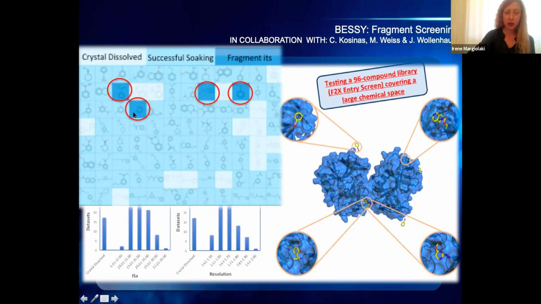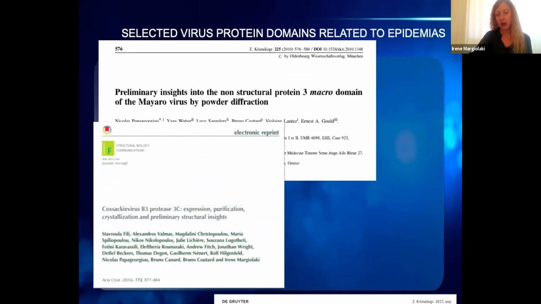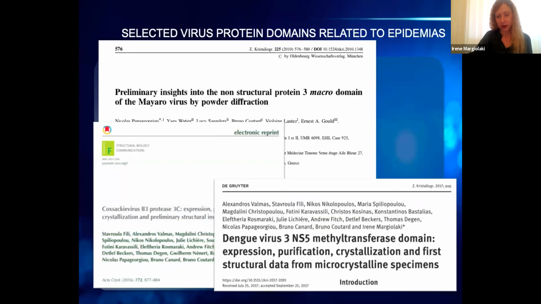In this case, we identified 4, and last week we did 7 more experiments in order to complete this work. More will come up. Fragment screening is a very, very big step forwards in structural biology right now.